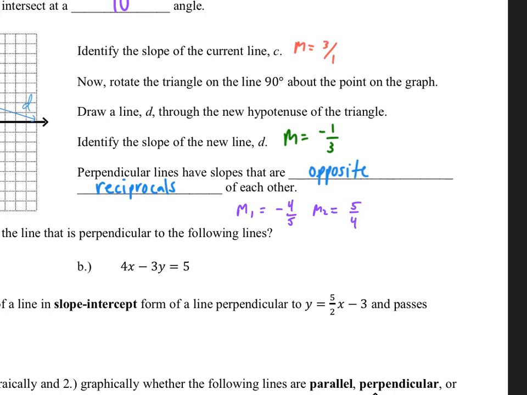If the slope of one line was 4, then the other slope would be -1/4. So opposite reciprocals for perpendicular lines.